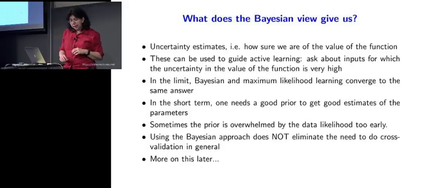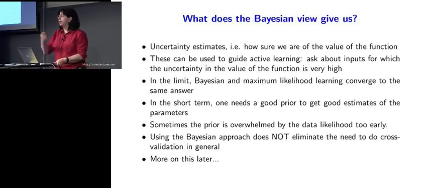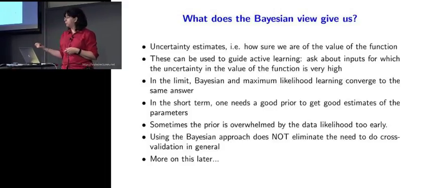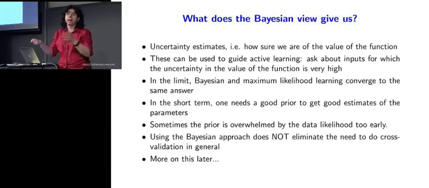The other interesting thing is that these uncertainty estimates can be used for other purposes. For example, there is a setup called active learning in which the learner is allowed to ask questions. It's not just that you get a data set and you do whatever you want with that data set, but the learner is allowed to go back and ask for labels for specific input examples. If I have a patient and a classifier doesn't know the label for this patient, it can go back to the doctor and ask for a label for this patient.